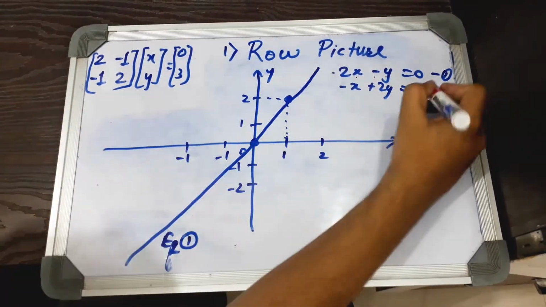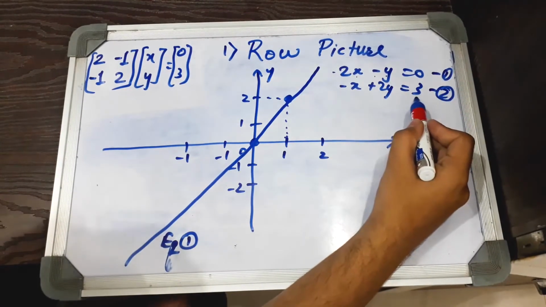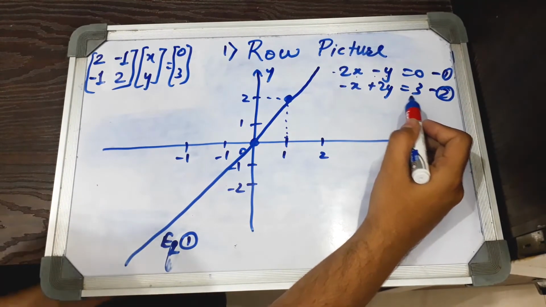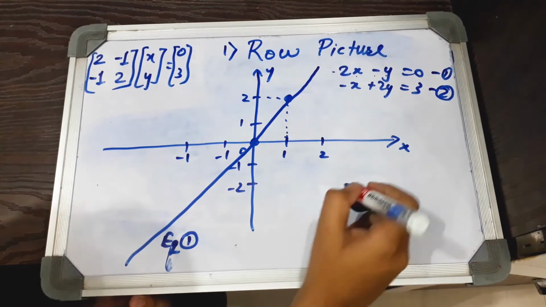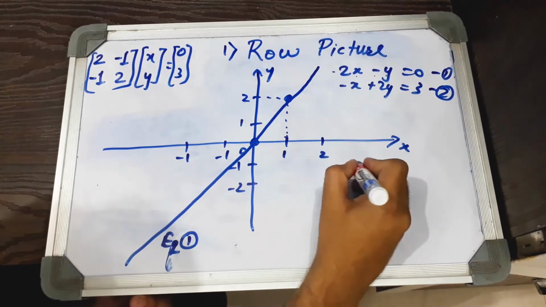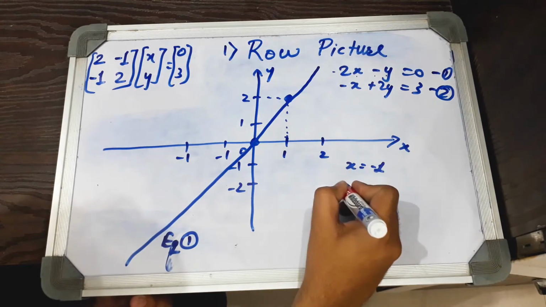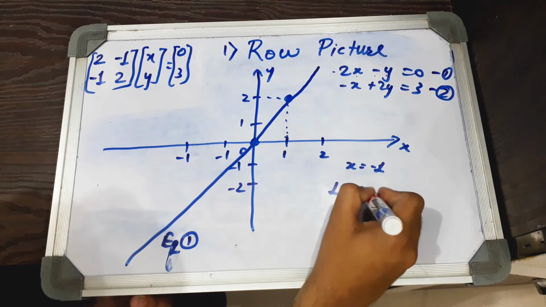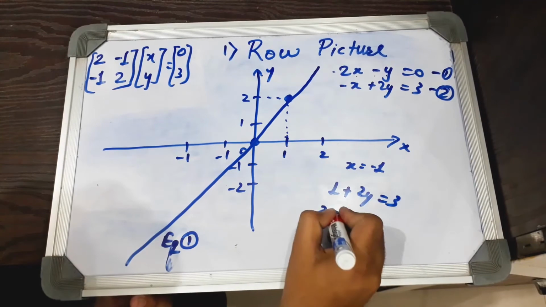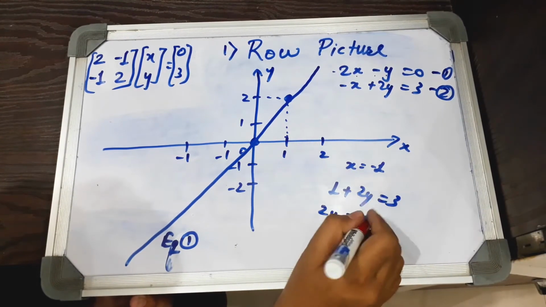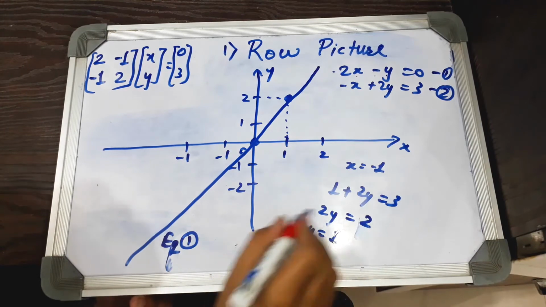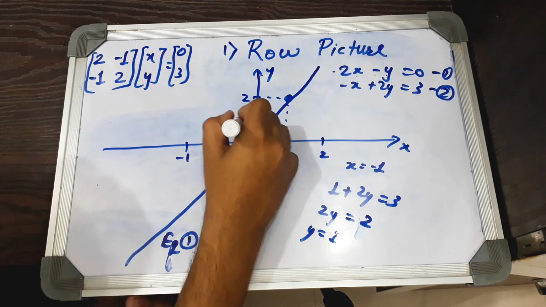Let's solve for equation 2. Here c is not 0, so the origin is not the solution. Let's try x equals minus 1. Then 1 plus 2y equals 3, 2y equals 2, so y equals 1. So we have minus 1 comma 1, this point.